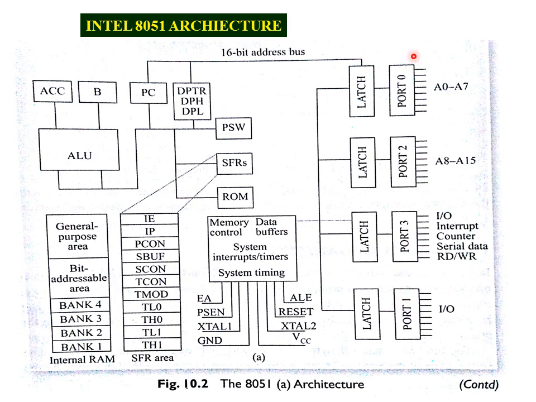If you observe here, port 0 and port 2 can be used as the address bus: A0 to A7 the lower order address bus, and A8 to A15 the higher order address bus.